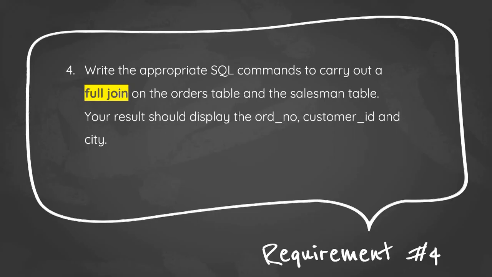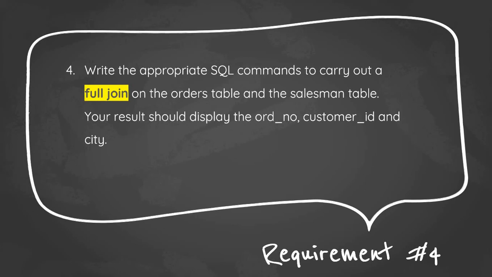Alright, so for our fourth requirement now, we are going to write the appropriate SQL commands to carry out a full join on the orders table and the salesman table, and your result should display the order number, customer ID, and city.